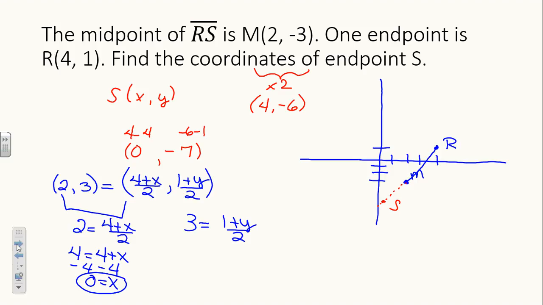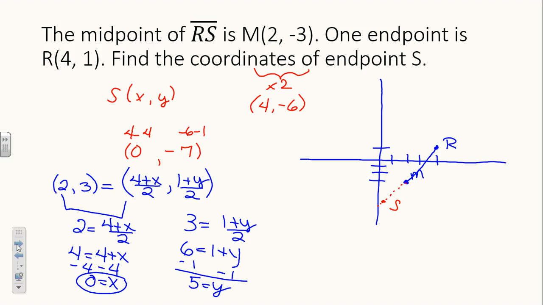How about this one? We're dividing by 2. Double the midpoint, right? How do we get the y by itself? Subtract 1. So 0, 5. Sorry.